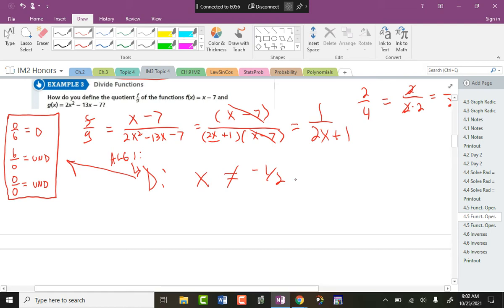So 7 is still, even though it factored and canceled, a naughty value for the domain. That's why this is still a domain issue, because we're talking about the original, not after you simplified.